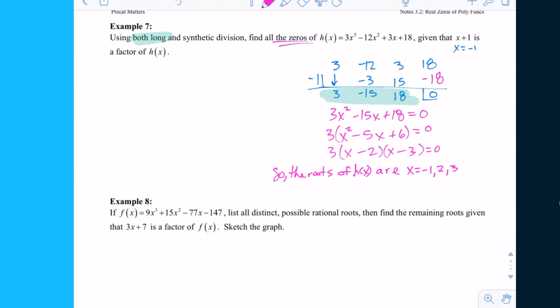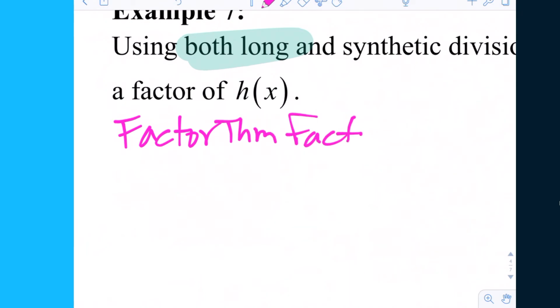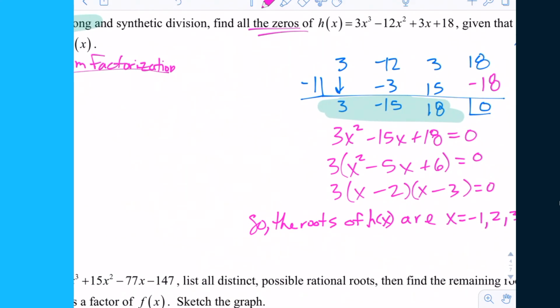So let's see if we can sketch a graph. Actually, let's do something else first. Let's go ahead and write the prime factorization. But let's do it by the factor theorem. Let's do the factor theorem factorization, because I want to distinguish between the two types. Remember, the factor theorem says if x minus a is a factor, x equals a is a root. So that means that your linear factors have to have 1s in front of the x's. So we can start down here.